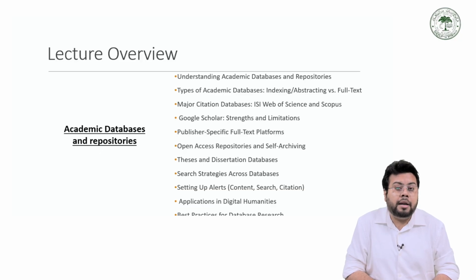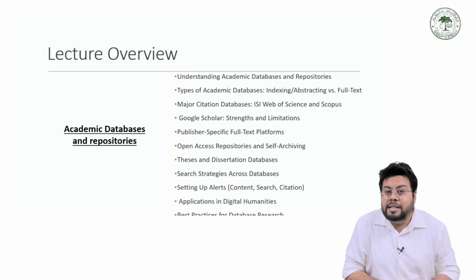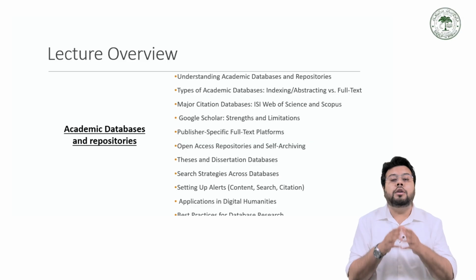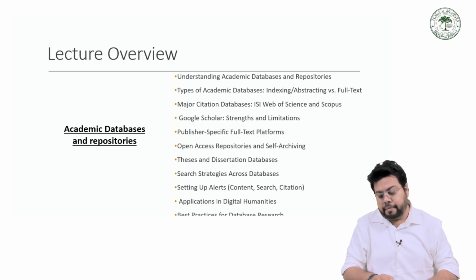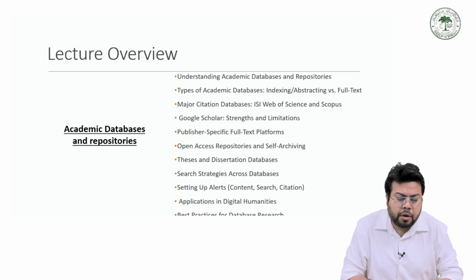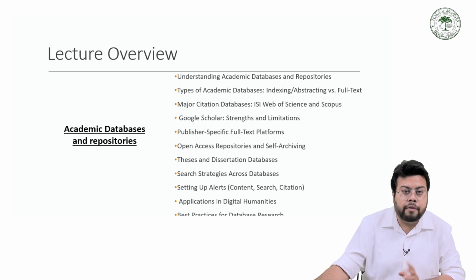We will close by connecting all this directly to the kind of work you will be doing in digital humanities research. So this is the roadmap that we have in our lecture overview.